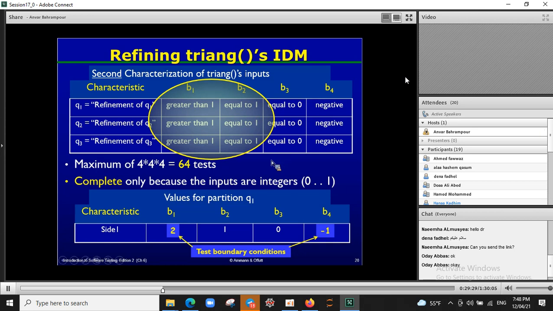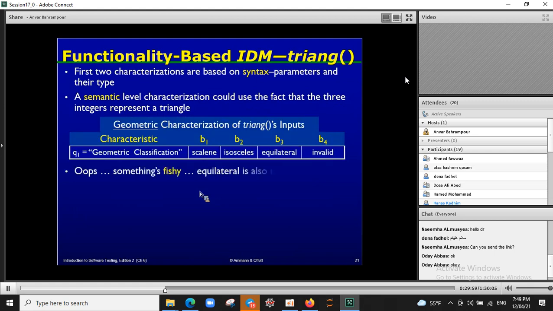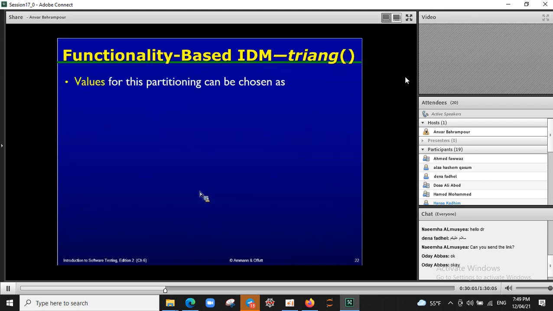When we consider all combinations, there are too many tests. For example, for this simple program, if we consider all combinations for all blocks in interface-based partitioning, we should test 64 combinations.